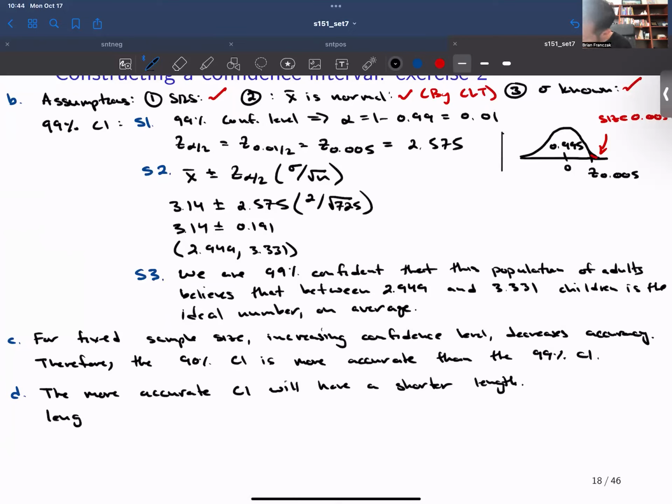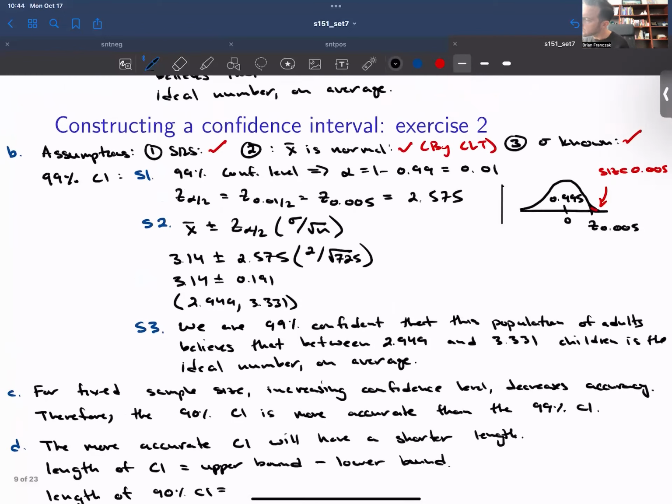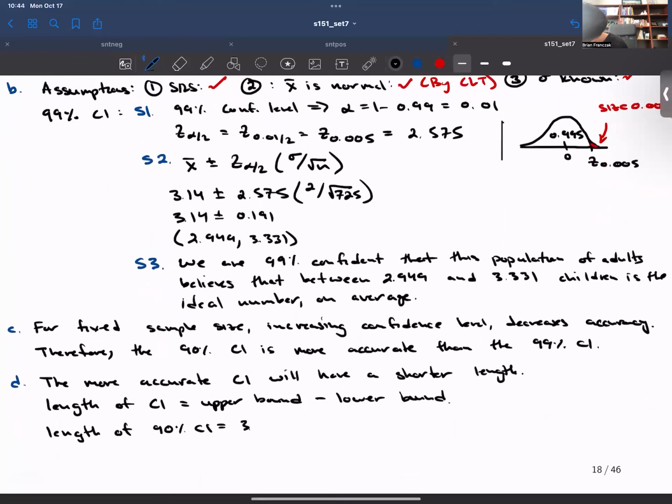The length of an interval is equal to upper bound minus lower bound. Okay, so the length of the 90% CI is equal to 3.262 minus 3.018. All right, and that should be 0.244.